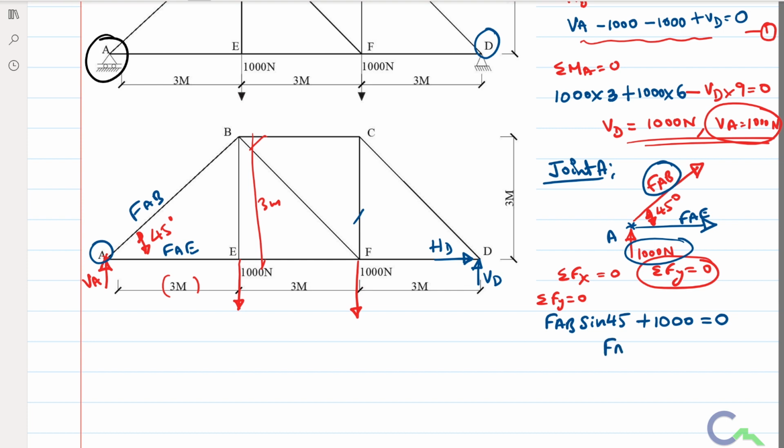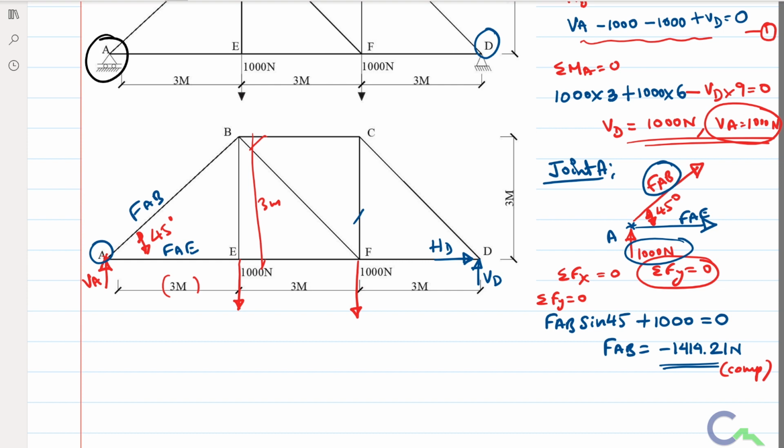Therefore we will get FAB is equal to minus 1414.21. That means our assumption is wrong. Actually member is in compression. So if I got negative answer, that means our assumption is wrong.